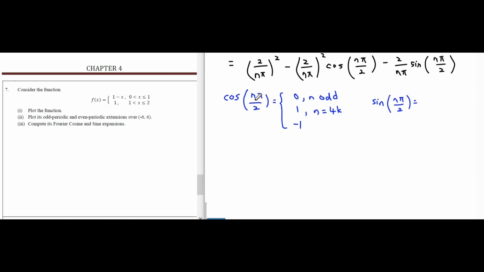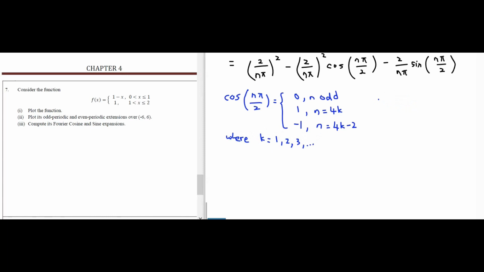So when n is 6, cos of 3 pi is also negative 1. So this is the case of n equals 4k minus 2, where k starts from the value of 1, 2, 3, and so on.